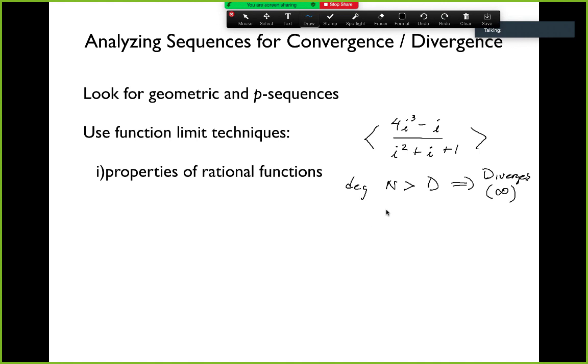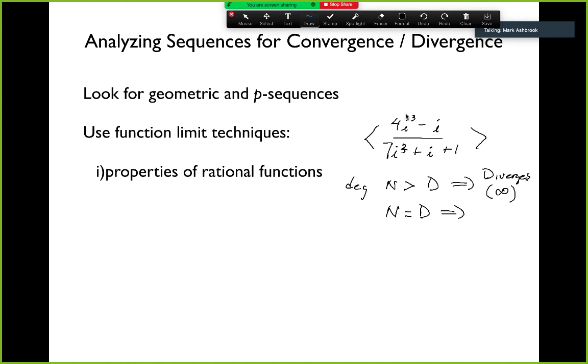What about if the degrees are the same? Say I have a new problem: 4i cubed minus i over 7i cubed plus i plus 1. What's going to happen when i gets really big now? It'll converge to the fraction of the coefficients, 4/7.